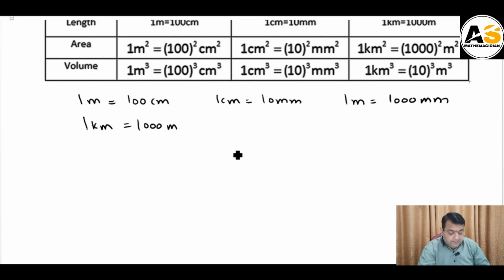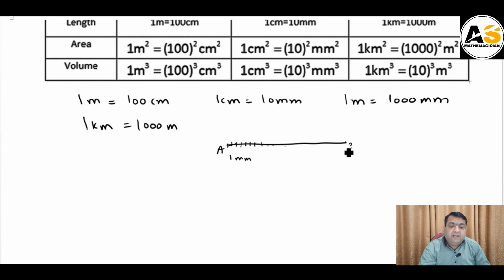It means that if we draw a line, suppose this is a line segment AB whose length is 1 meter. If I break it into 1000 equal parts, each part will be 1 millimeter.